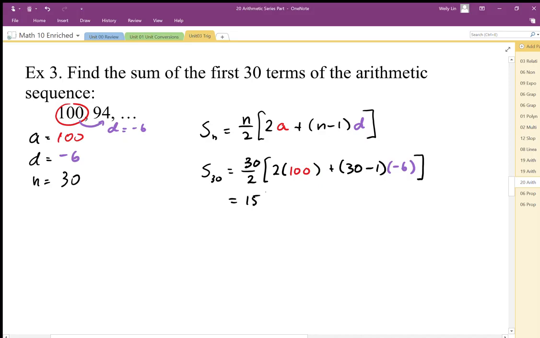So we just need to work this out. 15 times 200 plus 29 times 6, that's going to be negative 174.